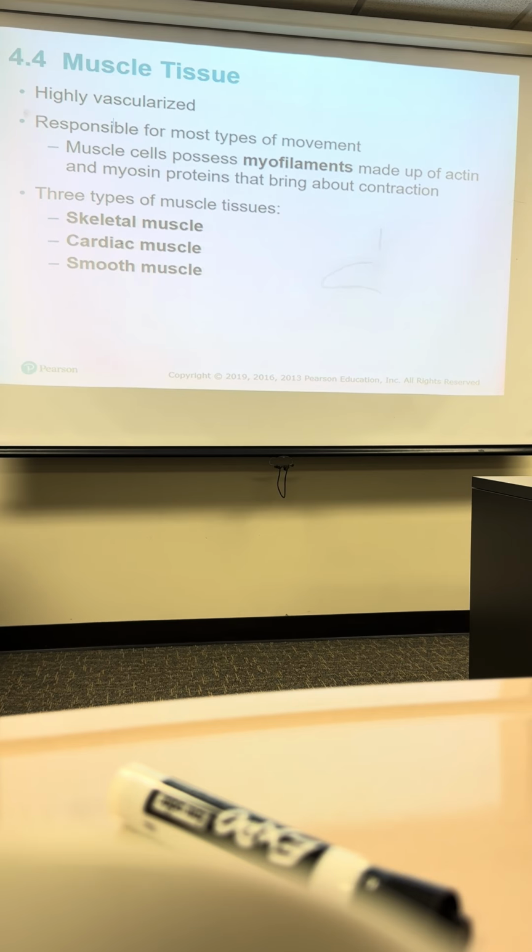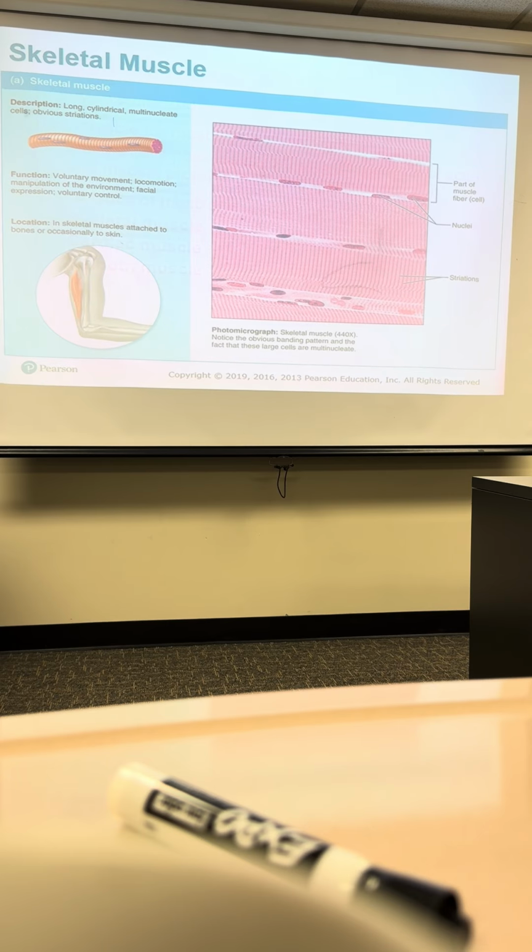So now let's talk about the skeletal muscle. Skeletal muscle helps you move, and it requires lots of energy. That is the reason they have lots of mitochondria, and also lots of nuclei.